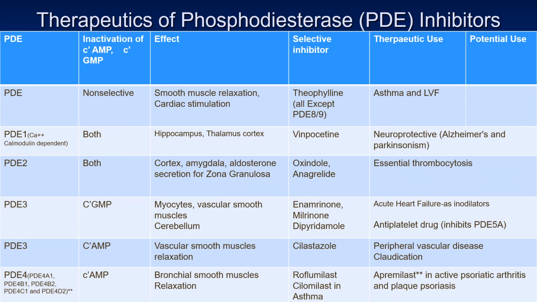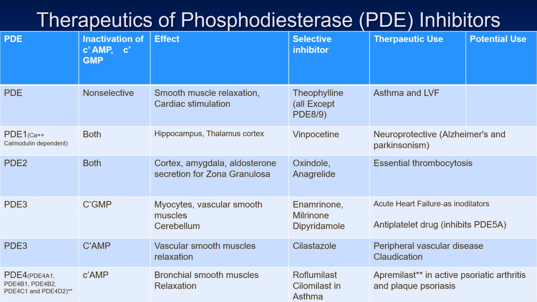Now, I have discussed type 2, type 3, type 4 and type 5, but there are other selective and non-selective inhibitors of other types which also have therapeutic utility or are being clinically evaluated. I will hurriedly complete.